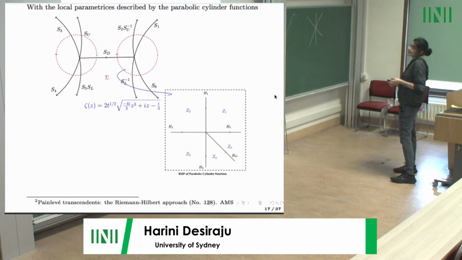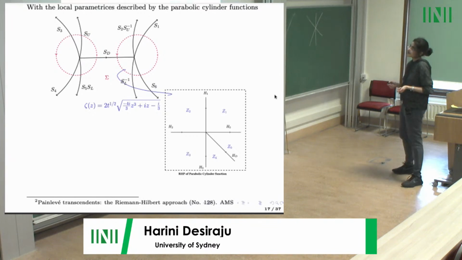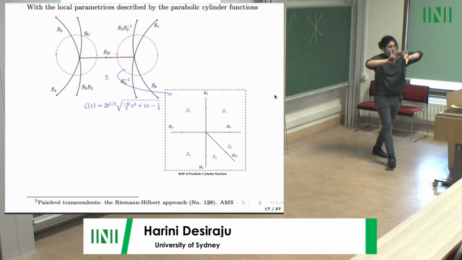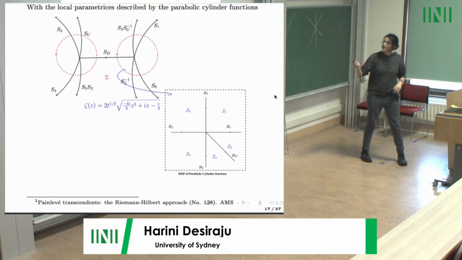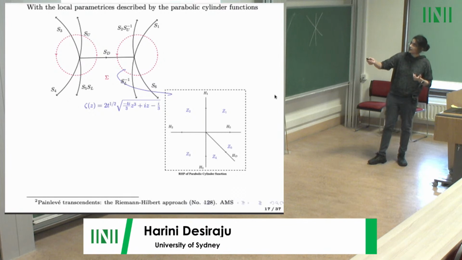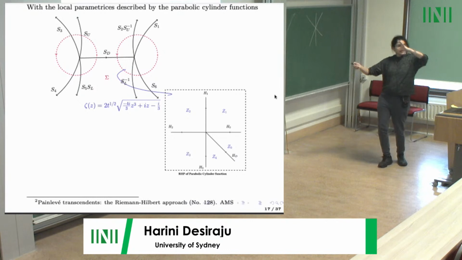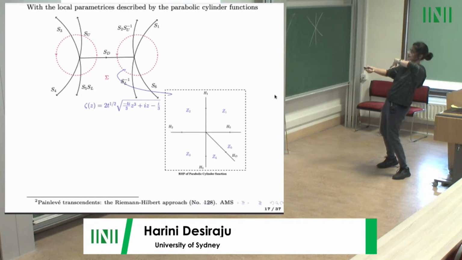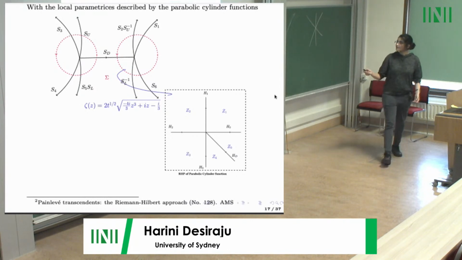The way it happens is that you make a conformal map, which is angle preserving, and it rotates the whole thing. A good way to track where the rotation is happening is keeping track of the diagonal jump. The diagonal jump is here, and the diagonal jump is here. It rotates everything such that the diagonal jump is exactly mapping the parabolic cylinder function.